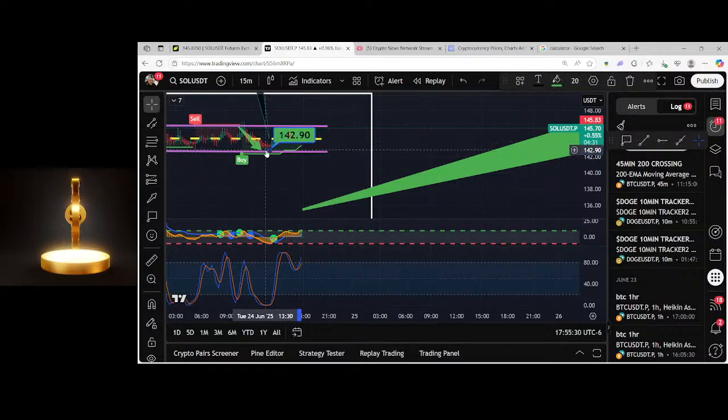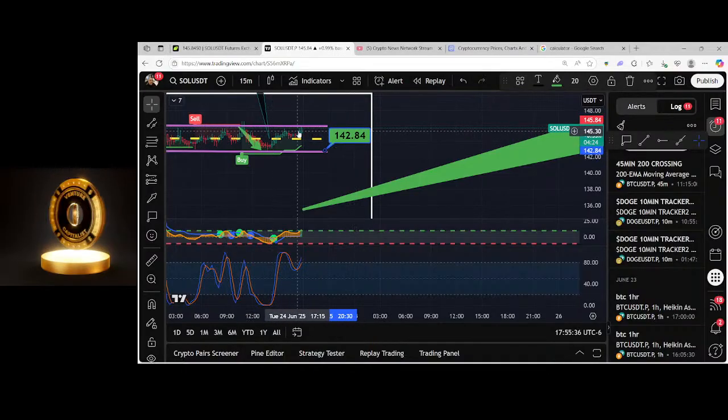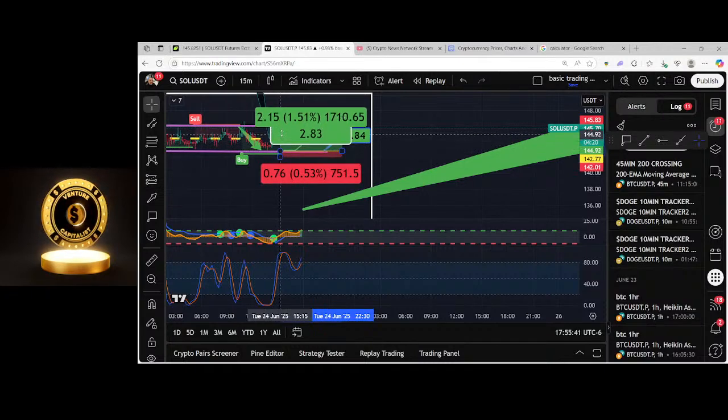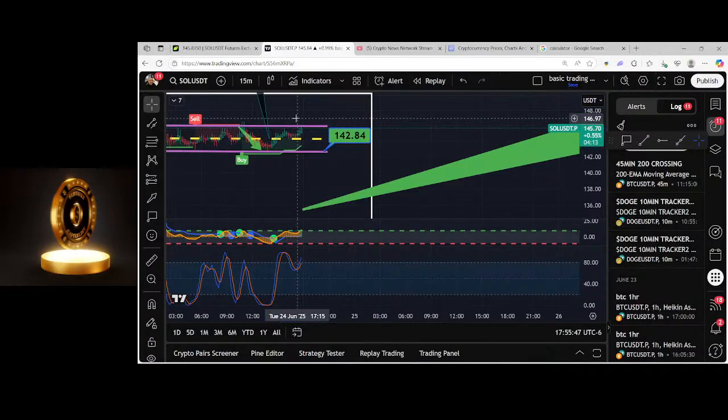So you'd have hit that again, and then you'd currently be moving back up this channel here. Let's just measure that out so you understand what I'm saying: the top and bottom of this channel is 2.8. So if you're doing a 30x leverage, you're up 60% right now.